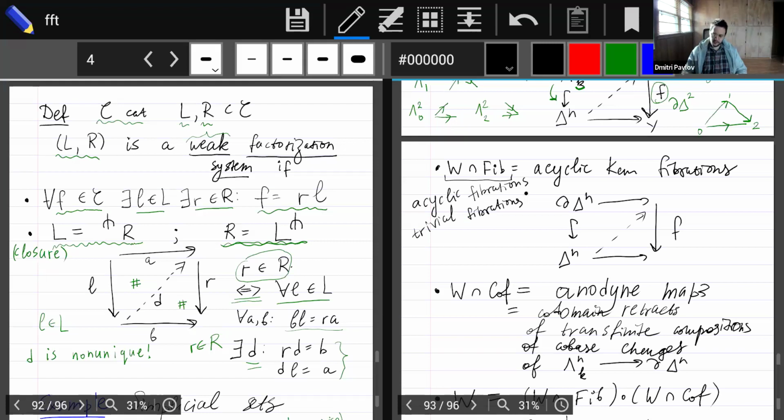These maps can be characterized using a lifting property with respect to the inclusion of the boundary of a simplex into a simplex. So that's a much stronger property than before. Before, we could extend a map from a horn to a simplex, and now we can extend a map from any boundary of a simplex, which is a much more difficult thing to do.